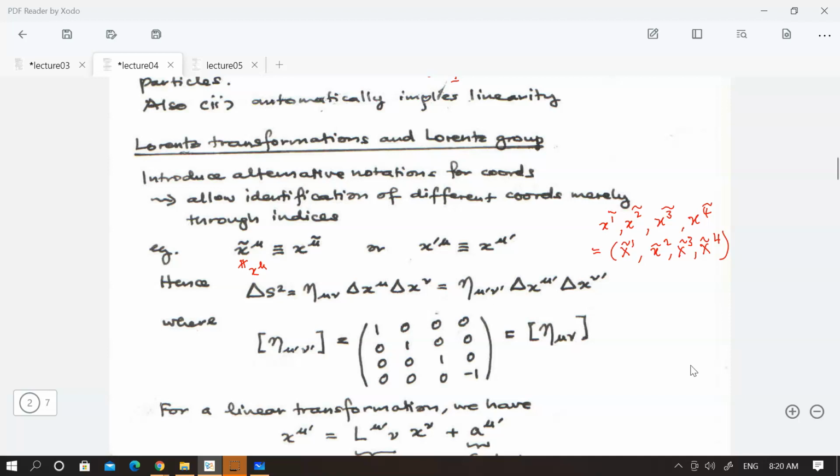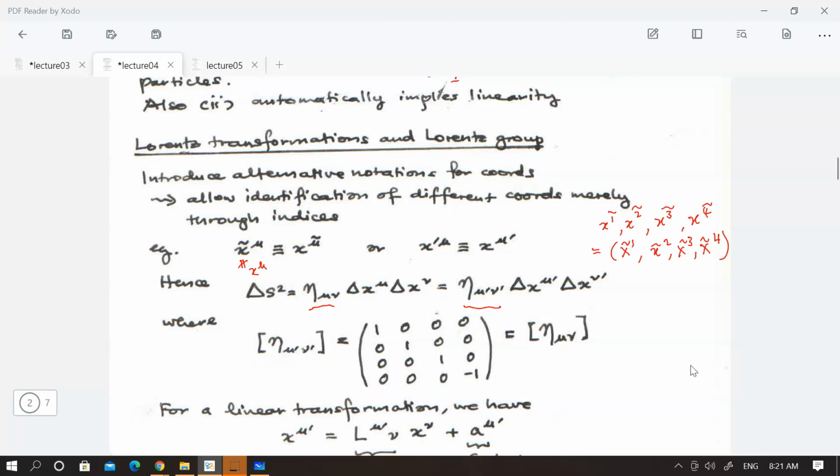Okay, and essentially one of the problems that comes with this kind of labeling is that you feel that this thing is actually different because here it's mu and nu, here is mu dash and nu dash. That is actually not true. The fact that your Minkowski metric is a constant metric just amounts to representing the same thing.